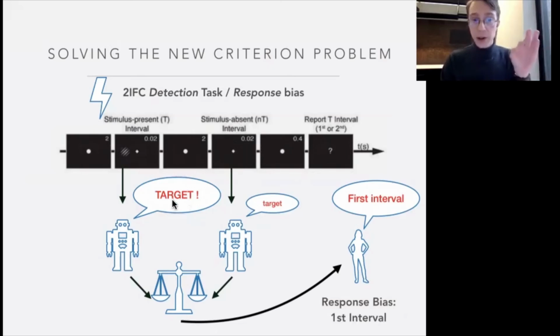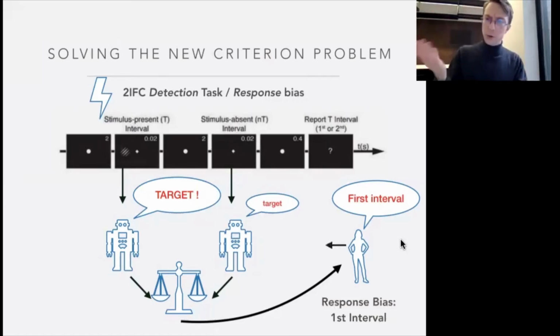Note here that the activity of your detector does not change because it's a purely response bias. It does not affect your perceptual detectors. You just have a tendency to answer that the target was present in whichever interval had higher pre-stimulus excitability. In that case, the first interval.